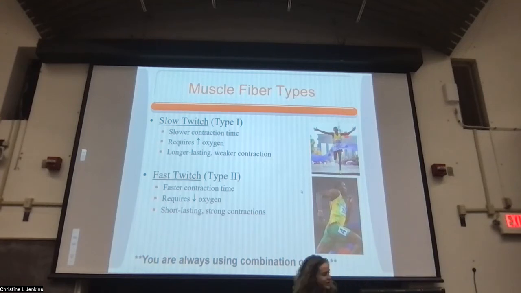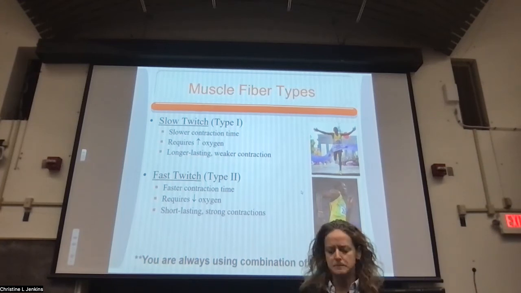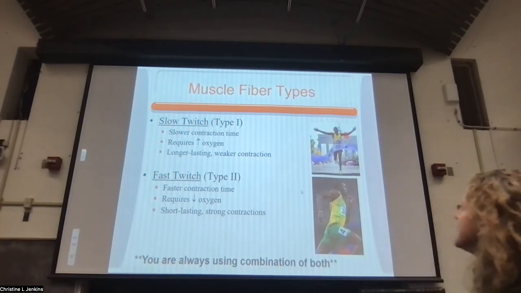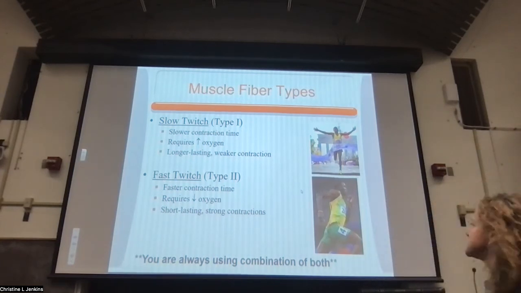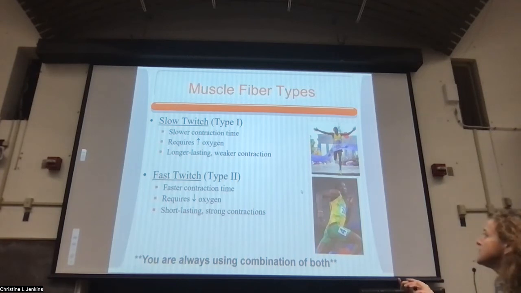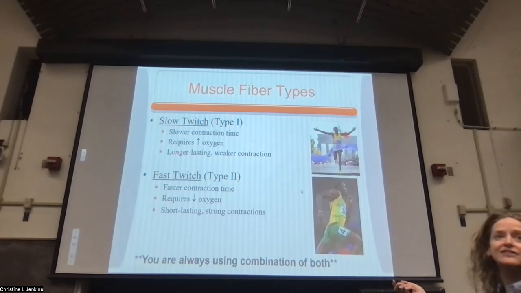A slow twitch or type 1 muscle fiber can stay contracted for longer, but it's a weaker overall contraction. A type 1 or slow twitch muscle is what a marathon runner would rely more on. It contracts weaker overall, but can stay contracted for longer.